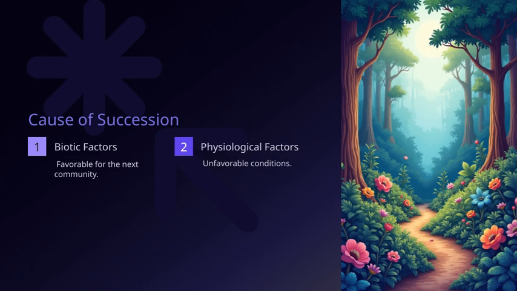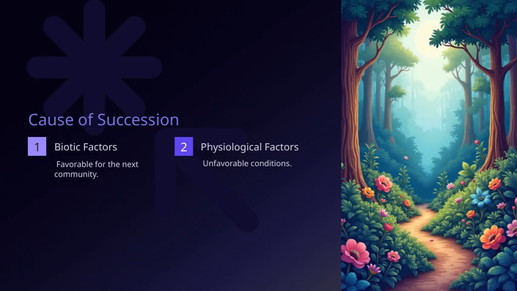Now, despite these unfavorable conditions, they can also be viewed as opportunities for change. They set the stage for the next community to develop, often favoring species that are better adapted to survive under tough circumstances. This is where biotic factors come into play, influencing how succession proceeds over time.